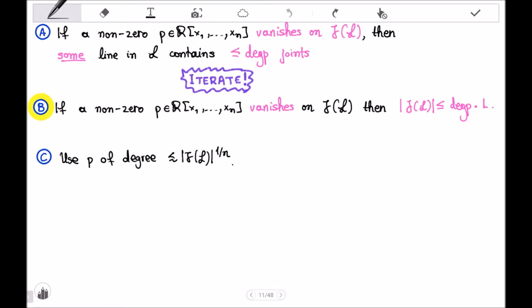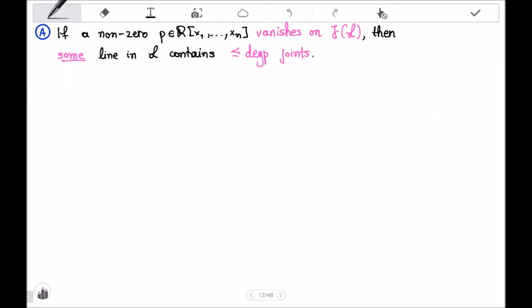And let's begin. Okay. We want to show that if we do find the polynomial vanishing on our joints, then one of the lines can't contain too many joints. Okay. So the proof, suppose not. Suppose this is not the case. Then all lines contain more than the degree joints.